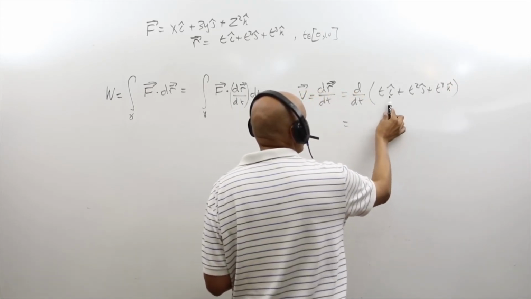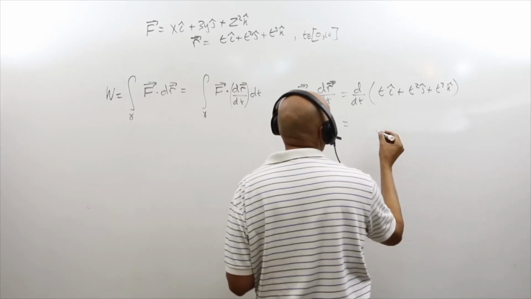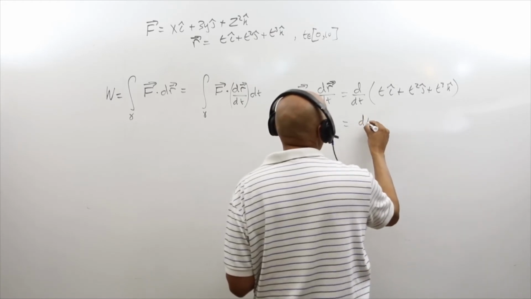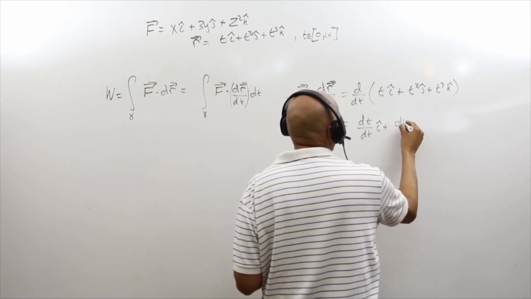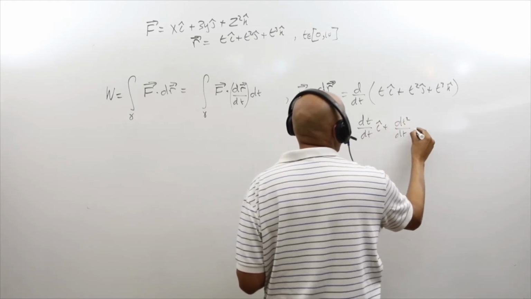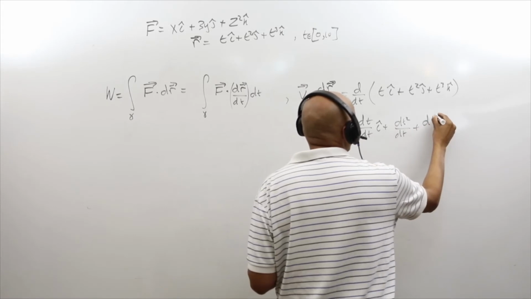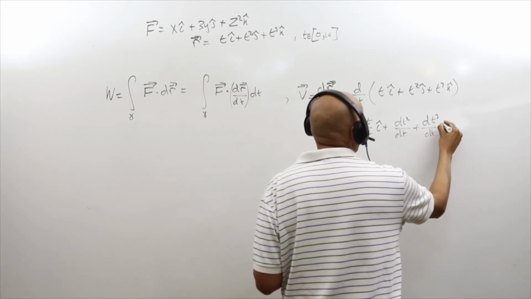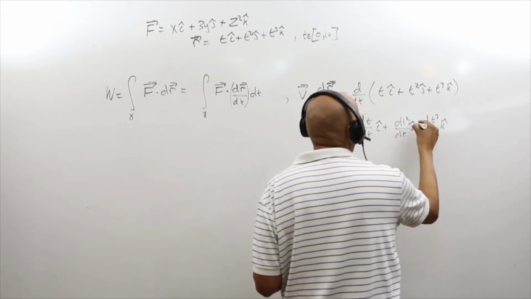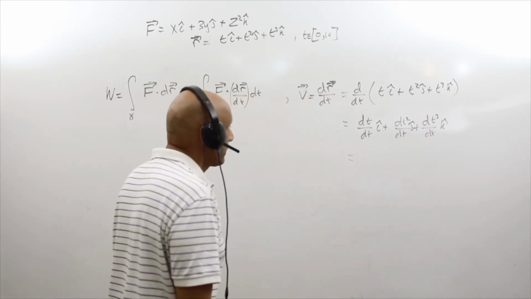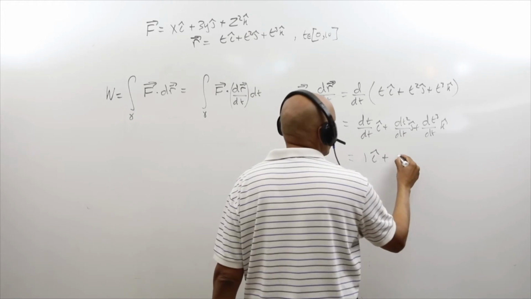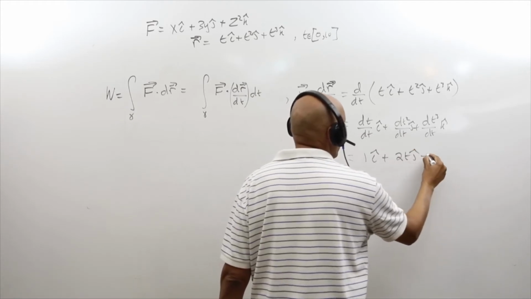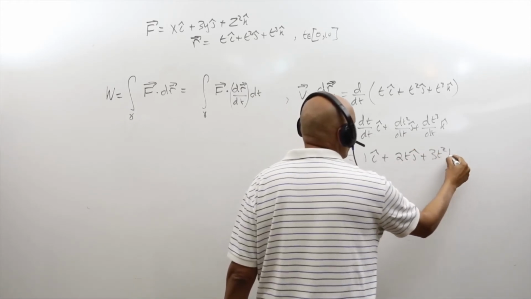Notice the unit vectors don't change in time, so this will just be the derivative of t with respect to t times i, plus d(t squared)/dt times j, plus d(t cubed)/dt times k. And I forgot the j. So this is 1i plus 2tj plus 3t squared k.